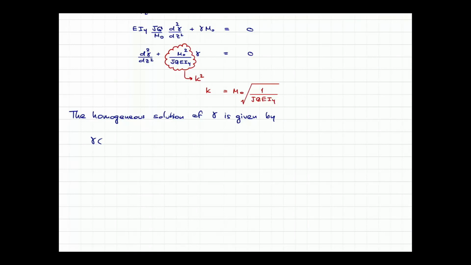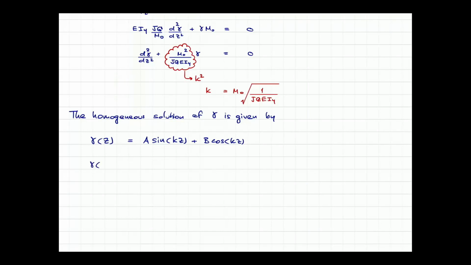Gamma varies along the z-axis. So gamma as a function of z is given by a times the sine kz plus b times the cosine kz.